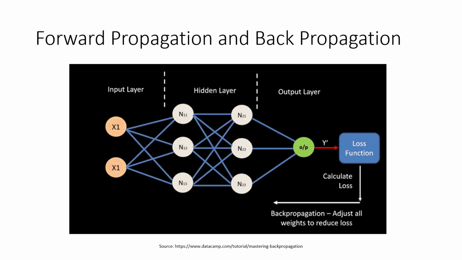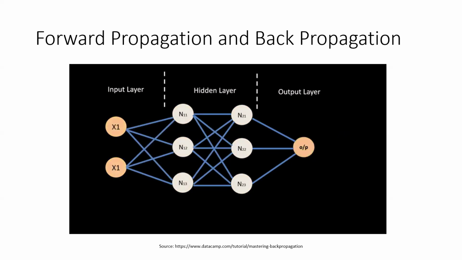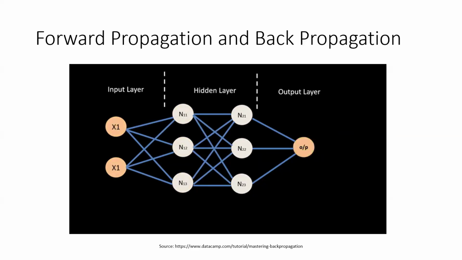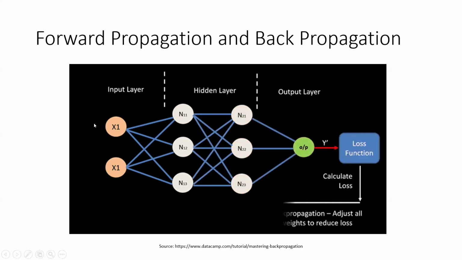When you are propagating again and again in an iterative way, your neural network gets optimized to the data set. Once the weights are updated, your neural network is trained. That means it is a learned machine learning model. This learned model, which is a neural network, can be used to make predictions by giving some real world X values, and you can get some output from the output layer.